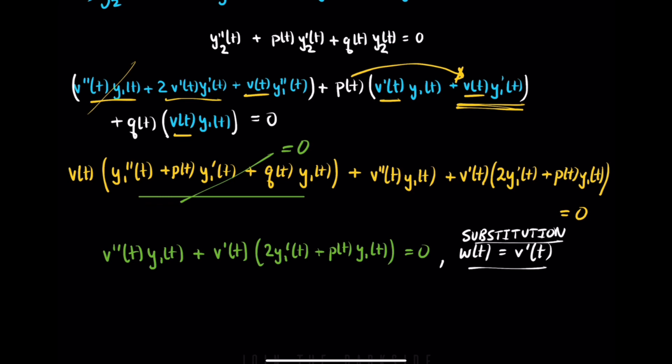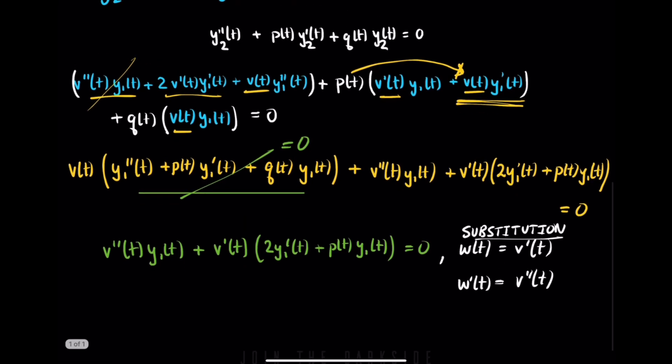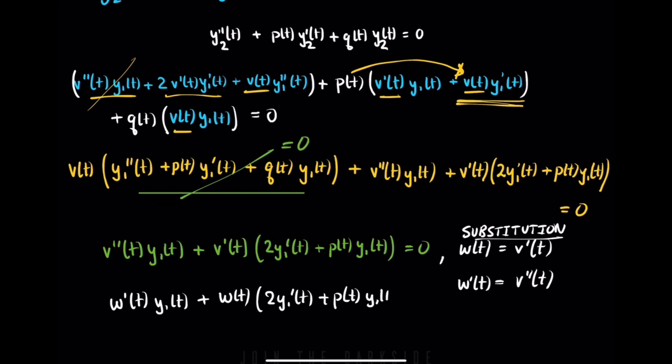This is your substitution: w(t) equals v'(t). And therefore, w'(t) is also equal to v''(t). As a result, we can rewrite this as w'(t) y1(t) plus w(t) times 2 y1'(t) plus p(t) y1(t) equals 0.